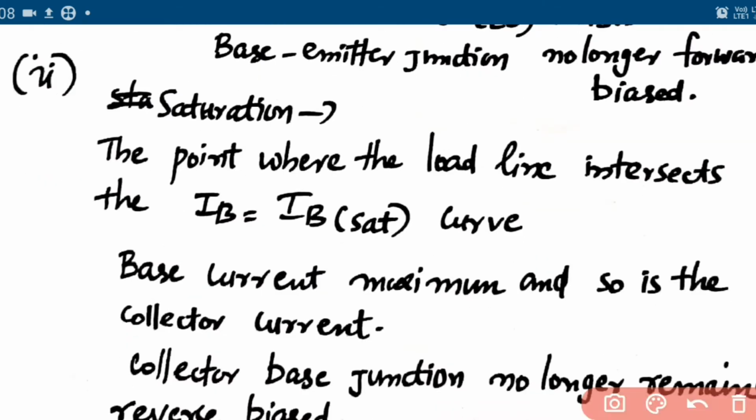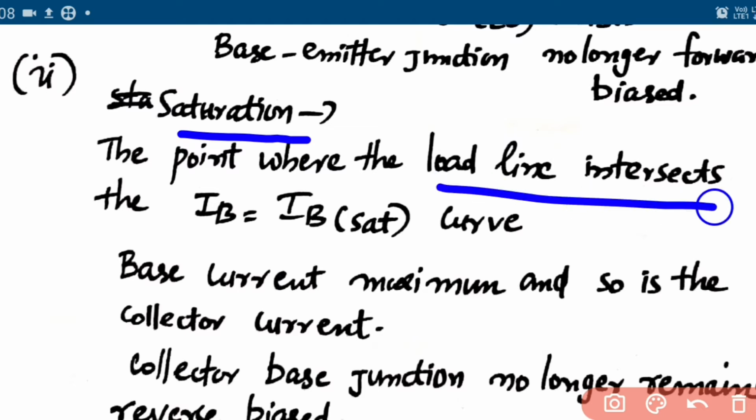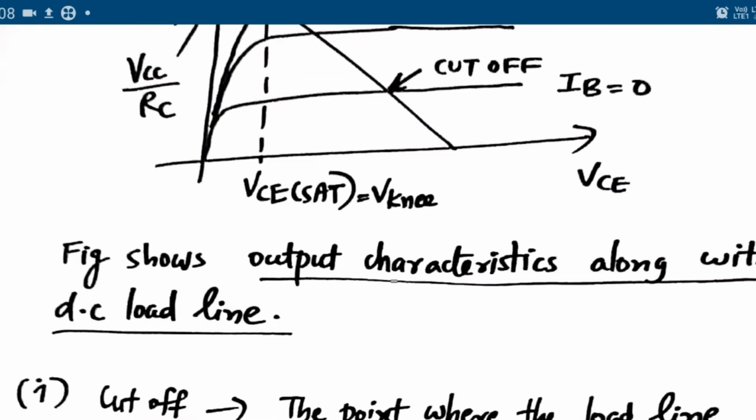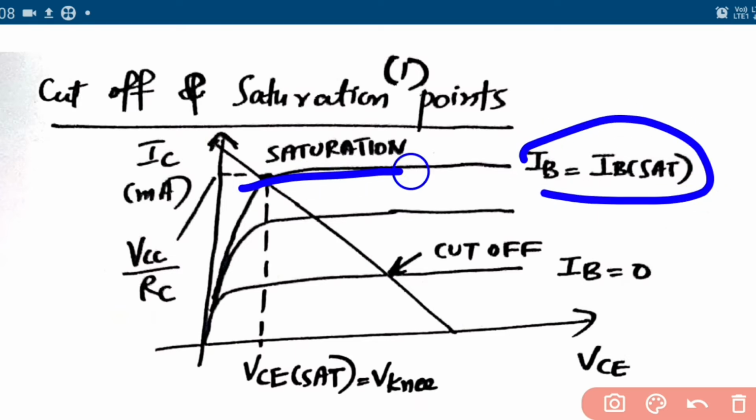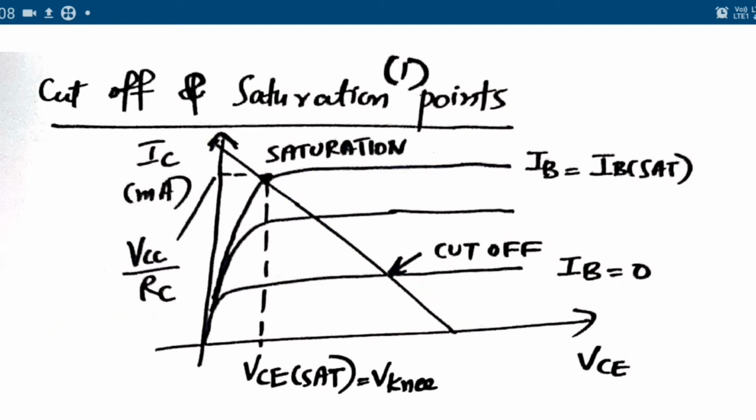The saturation point. Okay, after the cutoff point, another point is the saturation point. It is a point where the load line intersects the IB equal to IB saturation curve. This is the IB equal to IB saturation curve. Okay, and here is the load line, and the load line is intersecting here.